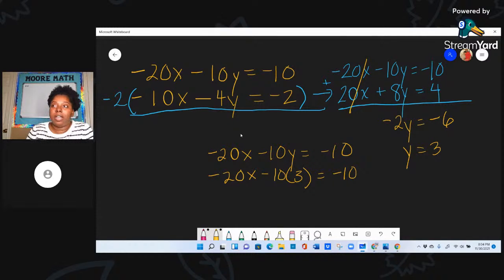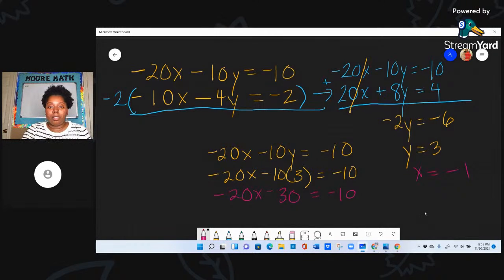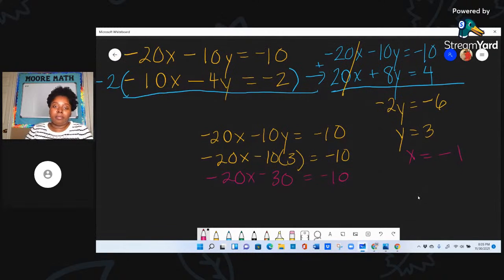I got it. Okay. What'd you get? Negative 1. Okay, so you got x equals negative 1. All right, let's check it. So negative 10 times 3. 30. Good. Then what did you do with that minus 30? I added.